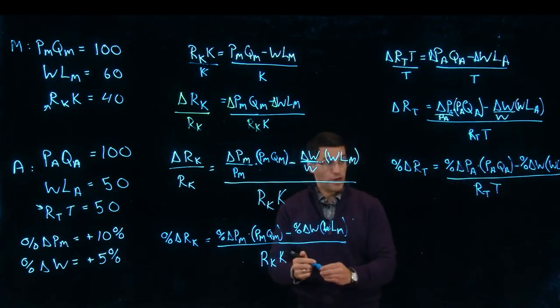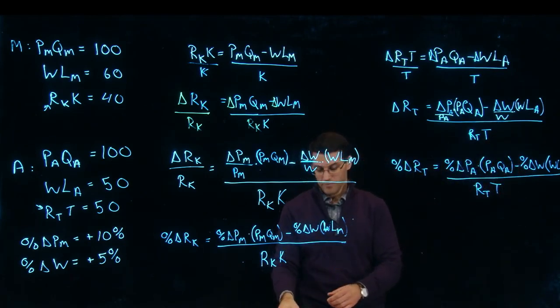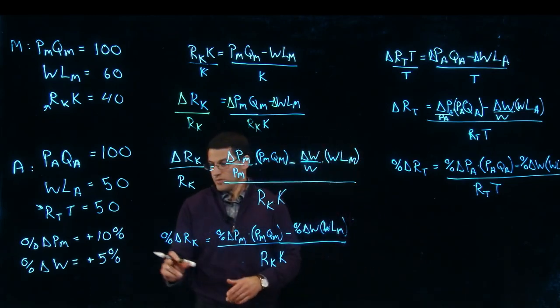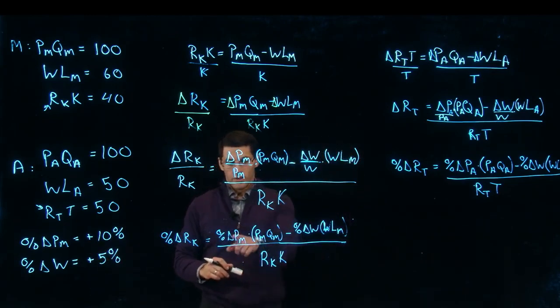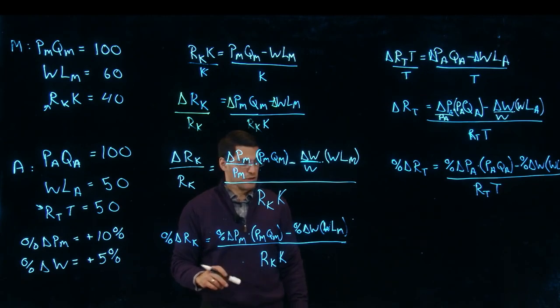So now we're ready to plug everything in. Going back to our equation for the rental rate on capital, the price of manufacturing went up by 10%.